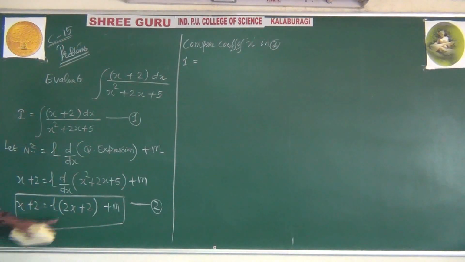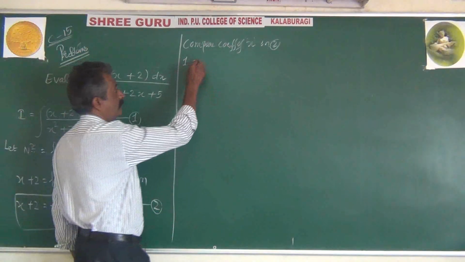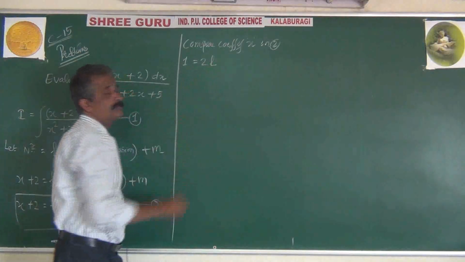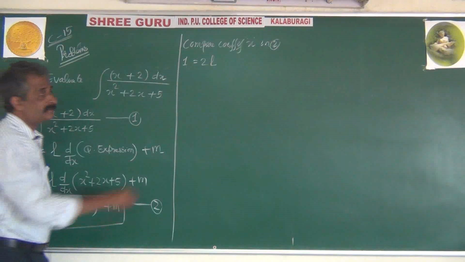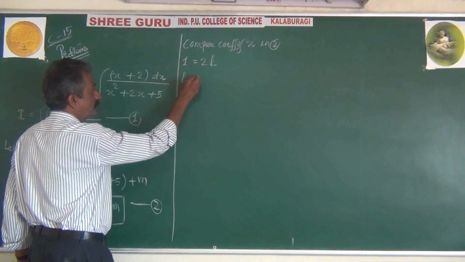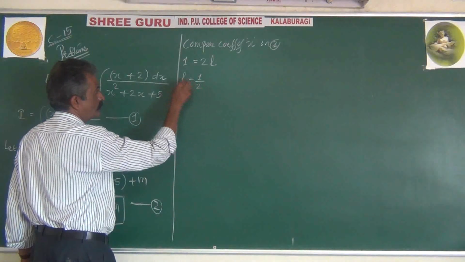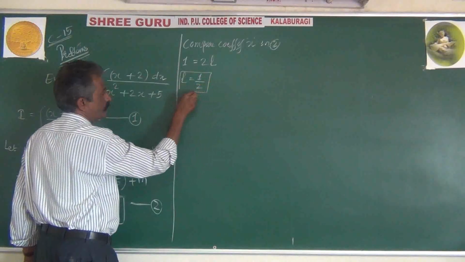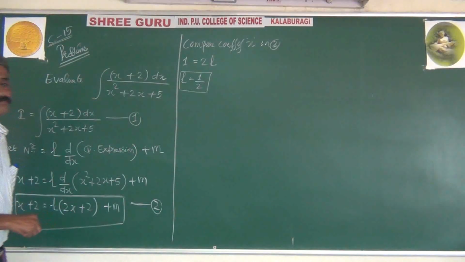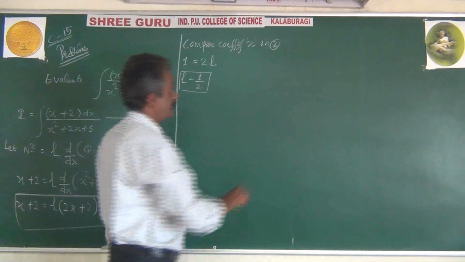Whereas on the right hand side, x into 2 into l becomes 2l. 2l equals 1 implies l equals 1 divided by 2. It does not become 1 minus 2. Be careful.